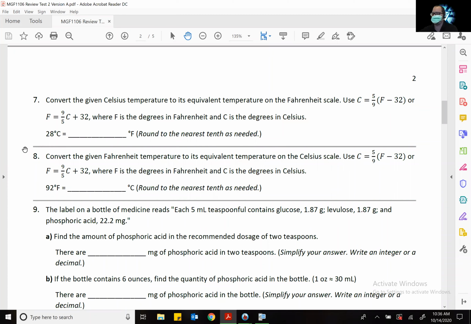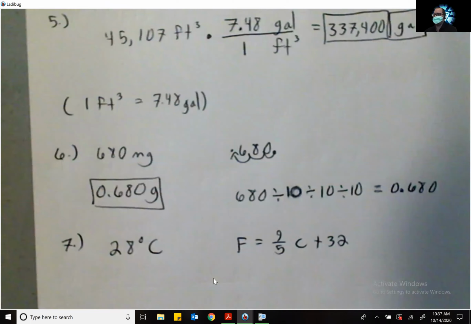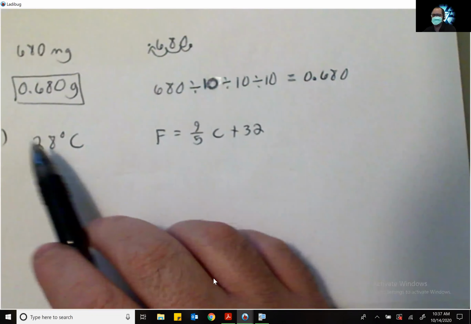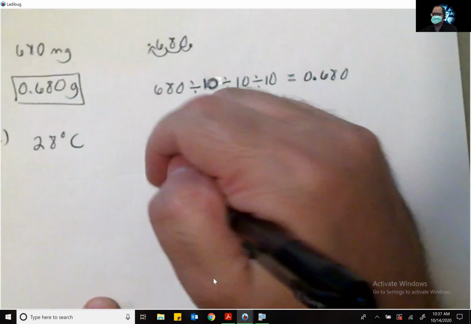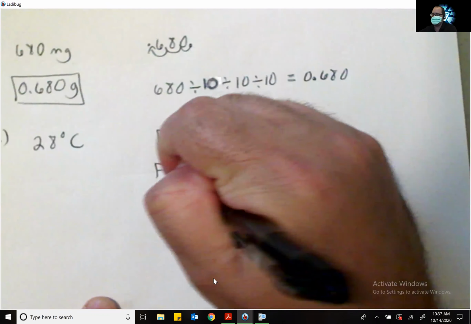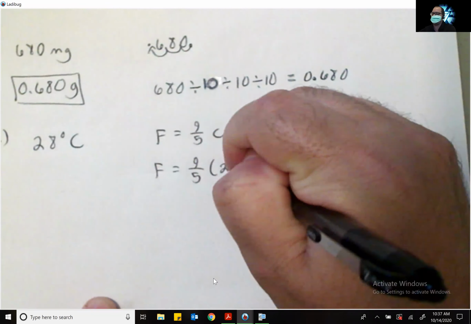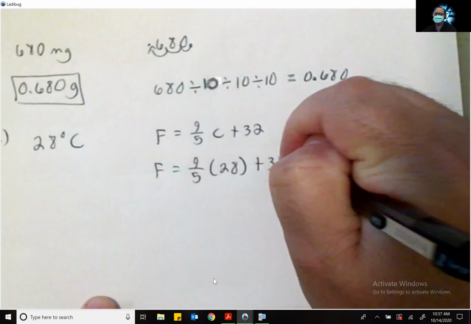So we're going to use the formula F equals 9/5 C plus 32. All you're doing on this is plug and chug. We're going to take this 28 and put it in for C. So F equals 9/5 parenthesis 28 parenthesis plus 32.